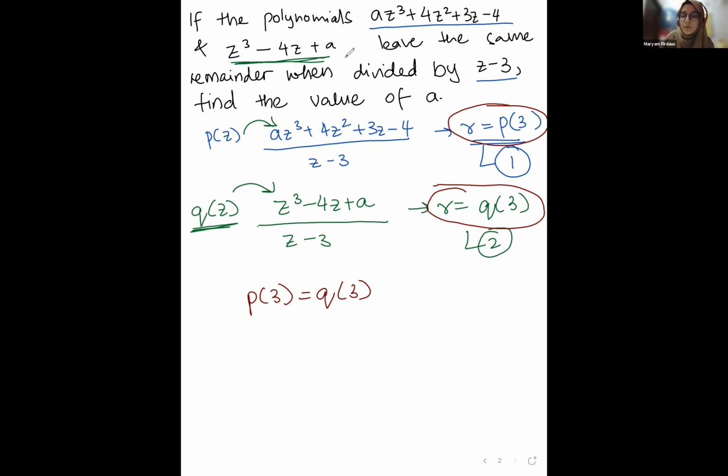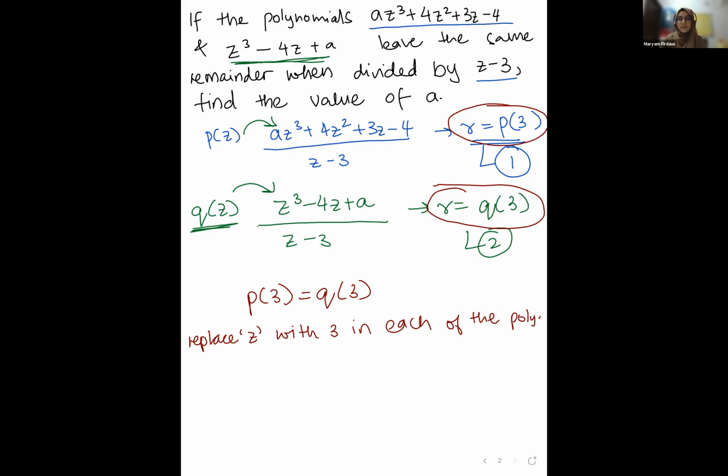So all we have to do is put 3 in place of z in each of these polynomials, replace z with 3 in each of the polynomials, and then equate them. So let's do it together.